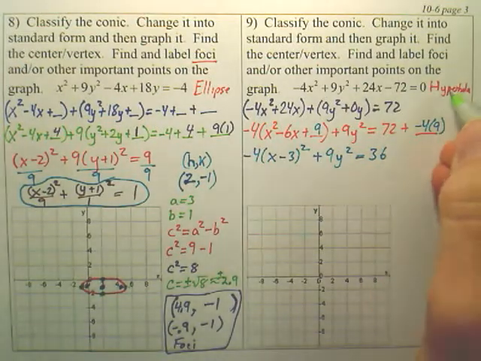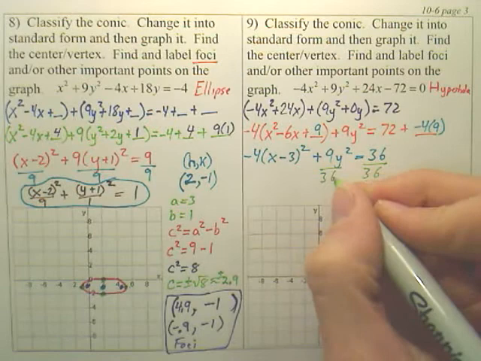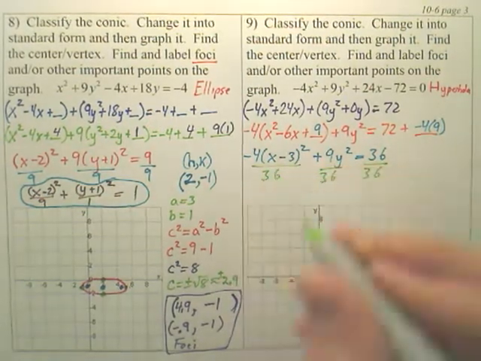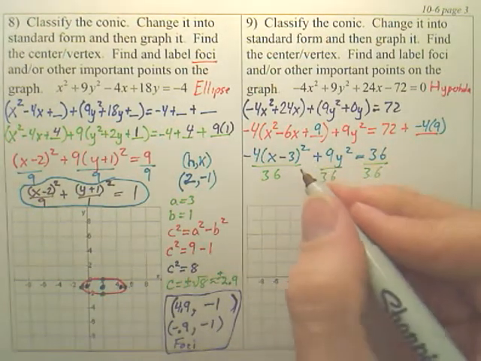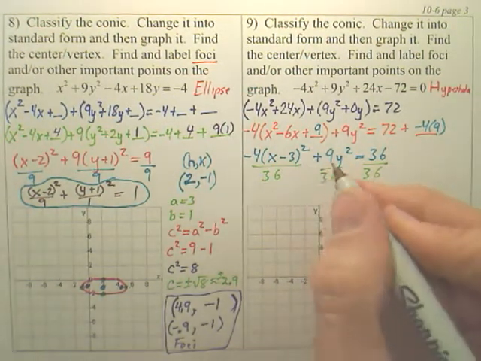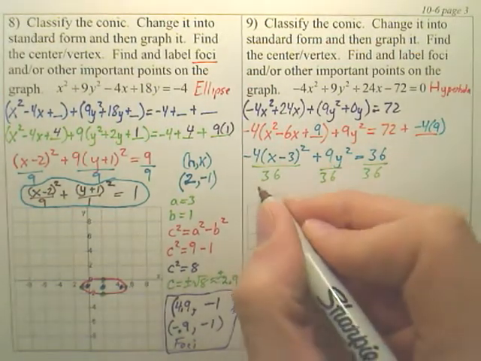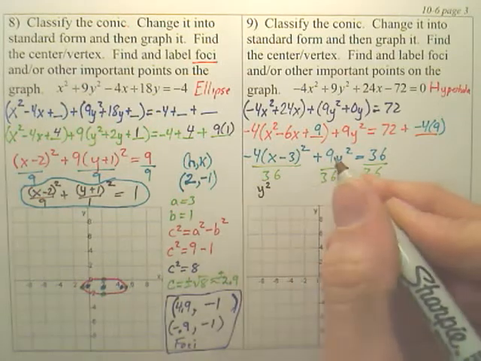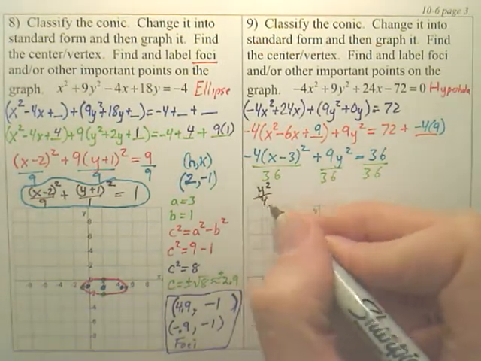Okay, we know it's a hyperbola, so I have to divide by 36 because it has to equal 1. And when I do that, my answer is, wait, in a hyperbola, isn't this part supposed to be negative and the negative's there? So this is going to be kind of tricky, but I'm going to have the y up front. So it's going to be y squared, and 9 goes into 36 4 times, so it'll be 1/4. So you just do that.